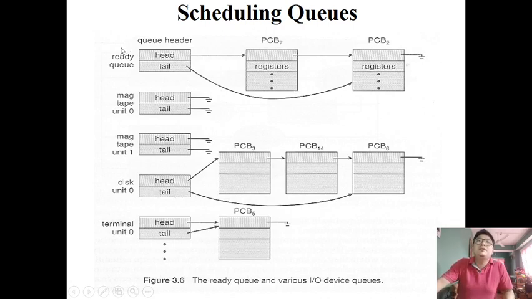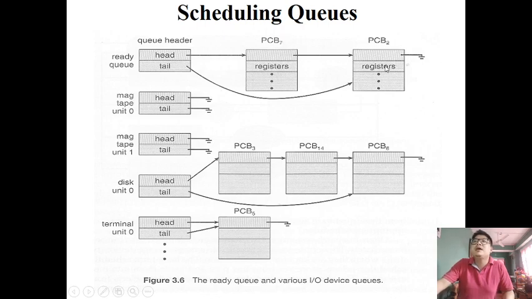For example, say this is our ready queue, and this is our head, and there are only two processes residing in the ready queue. There is one block in the first PCB, maybe process number 7, where the address of another PCB is stored. That way a link is created between PCB 7 and PCB 2. So this is process number 7 and process number 2.